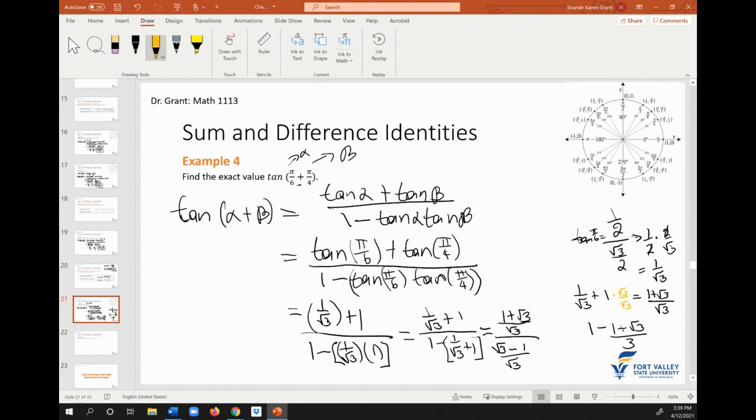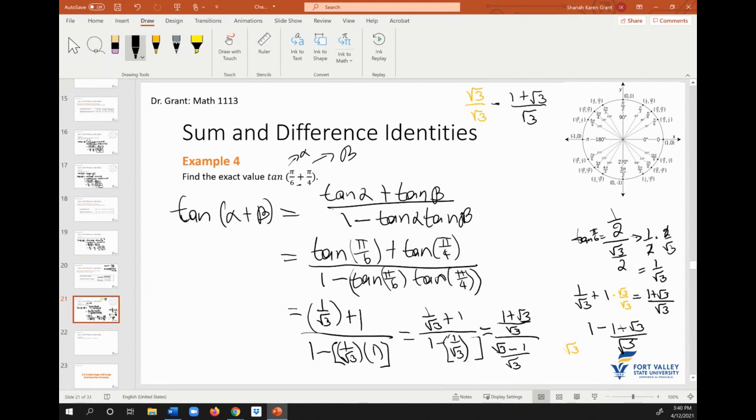So let's kind of walk through it just to make sure. So this would be root 3, and put up here so we have space. Root 3 over root 3 minus 1. Okay. So this is, actually no, this isn't plus, this is times.